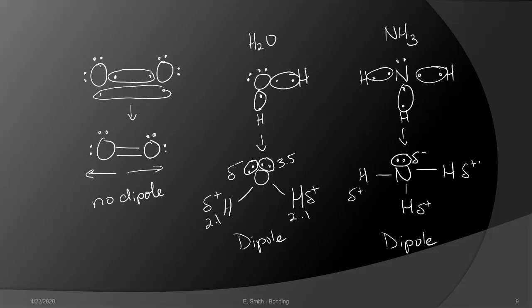Now, one of the other ones that we're going to look at, I'm going to clear the screen here so we can get rid of this and have a little more space. We're going to take a gander at carbon tetrachloride, CCl4. Now, carbon, 4 valence electrons.